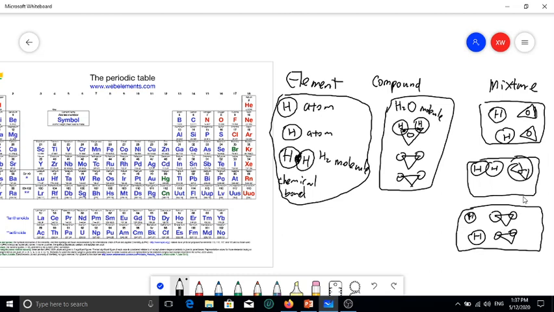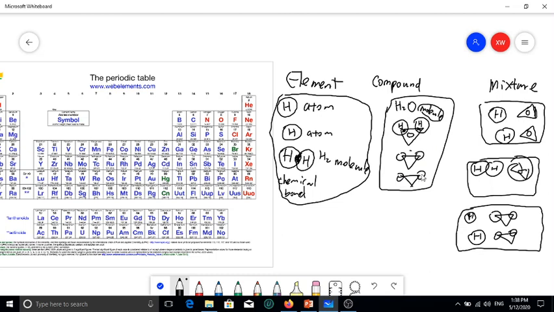So let's summarize what we just said. The essential difference: a pure element is simple. If you have only one kind of element, no matter what, then you have a pure element. A compound has more than one kind of element, but the ultimate unit of this chemical is the molecule, the same kind of molecule. So this is a molecule, this is a molecule, this is a molecule. Then we say it's a compound.